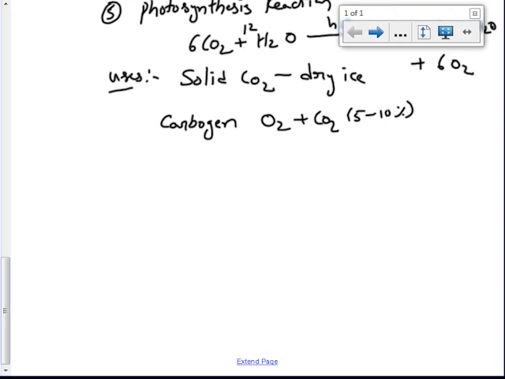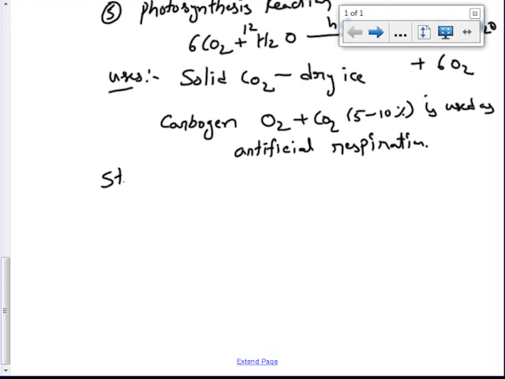This mixture is called carbogen, which is used for artificial respiration.